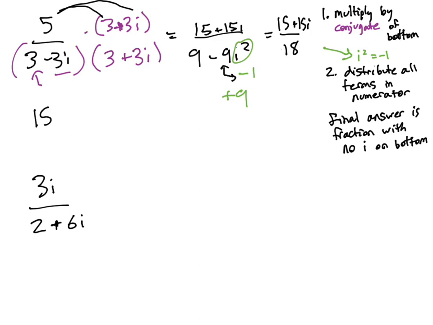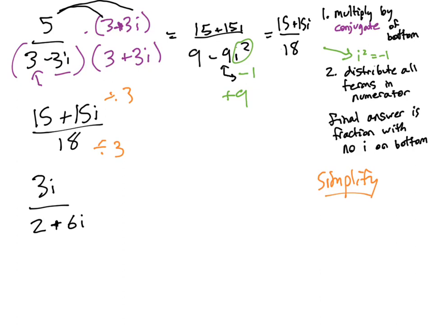And let me rewrite that down here so we've got a little bit more room. Whenever we're dealing with fractions, we should always check to see if it's possible to simplify by dividing by a common factor in the numerator and denominator. Well, all of the terms in this fraction share a common factor of 3, so if we divide everything by 3, we'll get 5 plus 5i over 6.